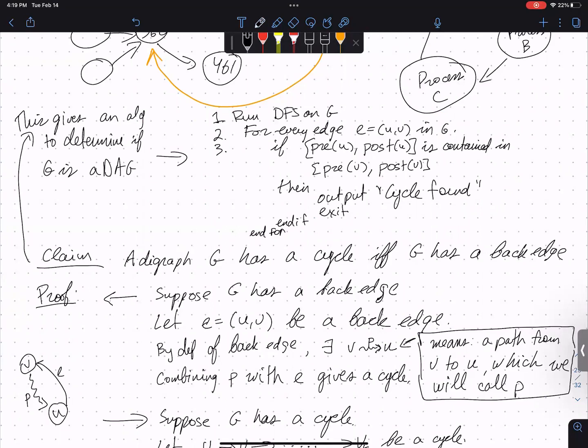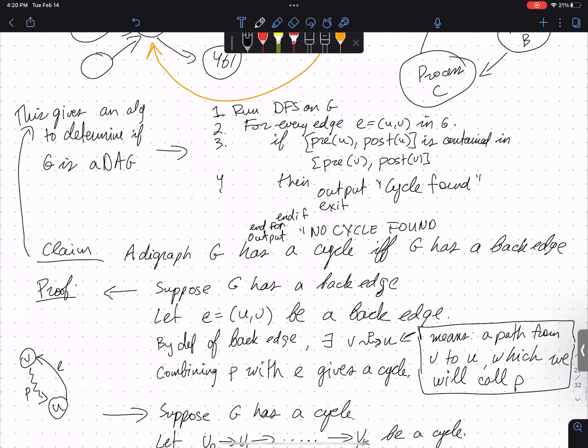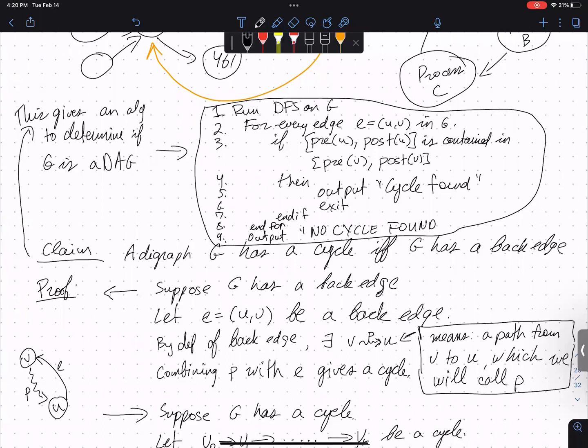And now if we got to this point, we output no cycle. This is our algorithm for finding if a graph is a DAG or not.